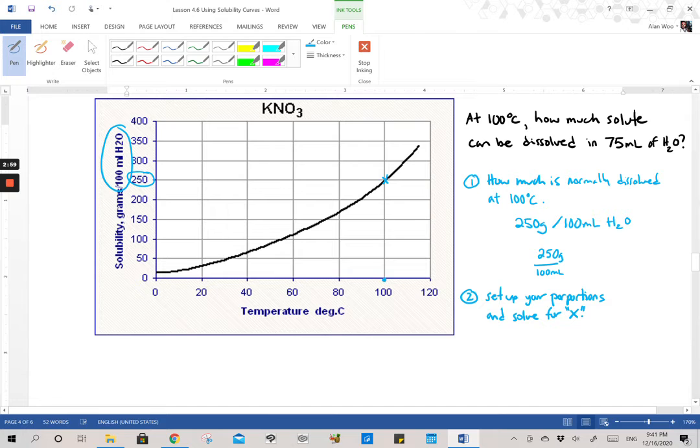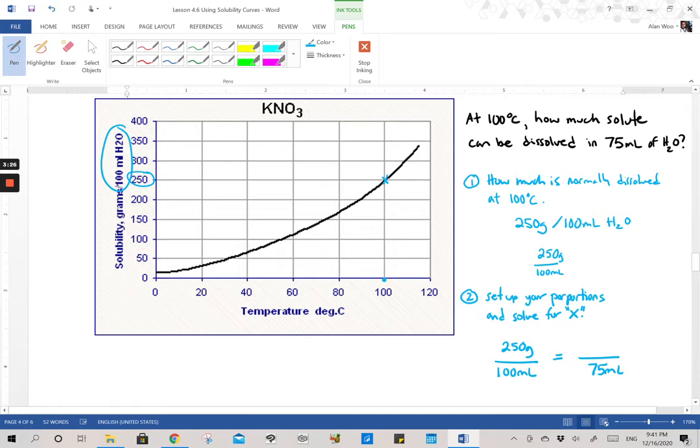Okay, so what I mean here is I want to take 250 grams over 100 milliliters of water, which is what the solubility is at 100 degrees Celsius. But I don't have 100 mils. I have 75 milliliters instead.